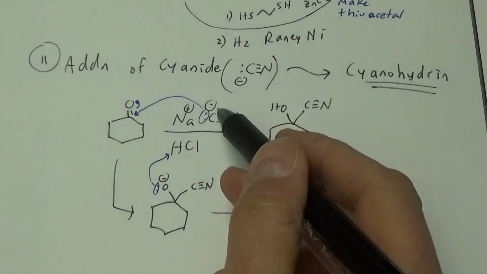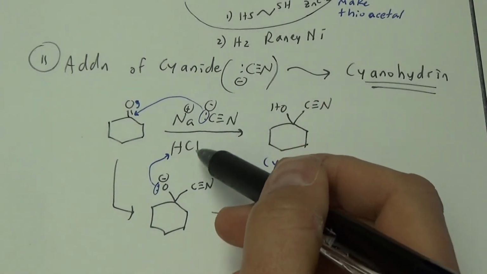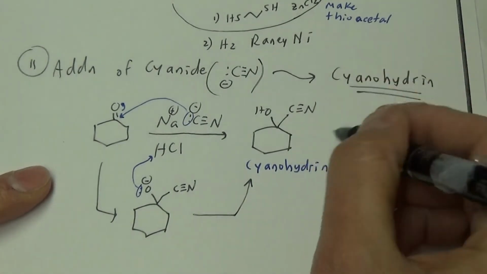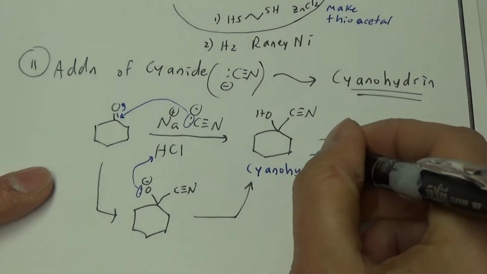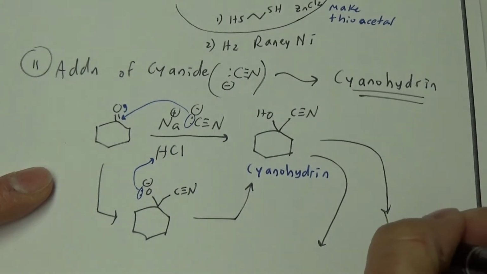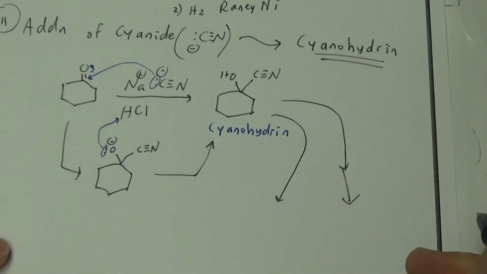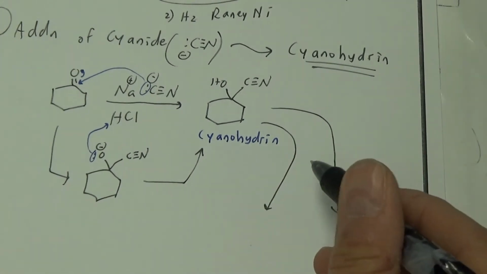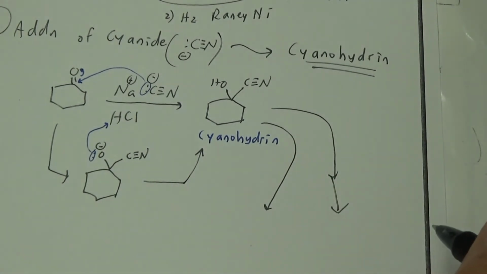It's just CN minus, NaCN, KCN, HCl. Makes that. Now these are interesting in terms of subsequent reactions you can do that are maybe a little later in the course, but we will see it again. So that's why we want to introduce it here. There's two things you can do.